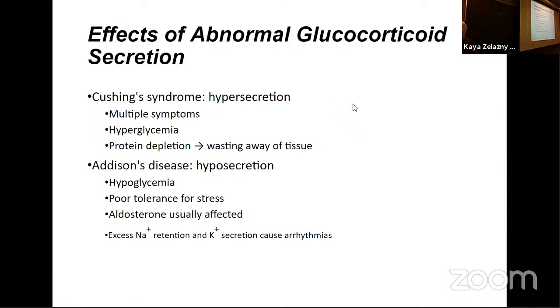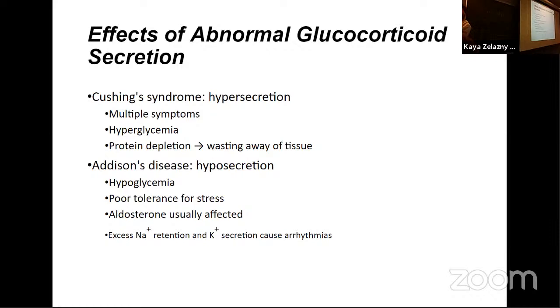So because we have these regulatory effects and these pathways of responses with cortisol and our glucocorticoid secretion, we also have problems if we have irregularities in secretion of these hormones. So in Cushing syndrome, this is a hypersecretion issue. So we're secreting too much cortisol, basically.